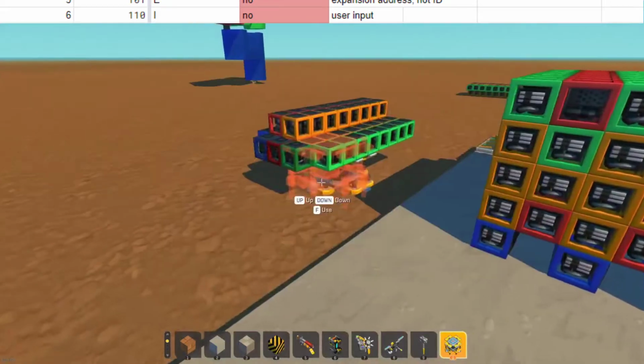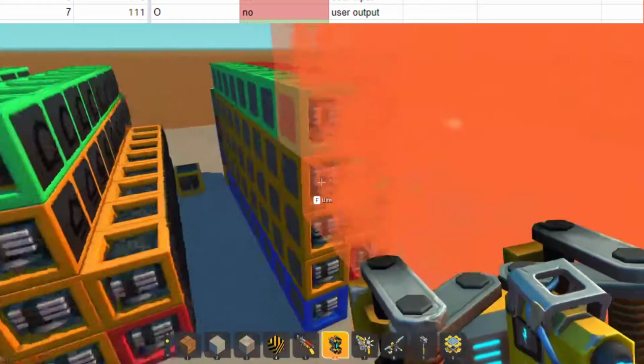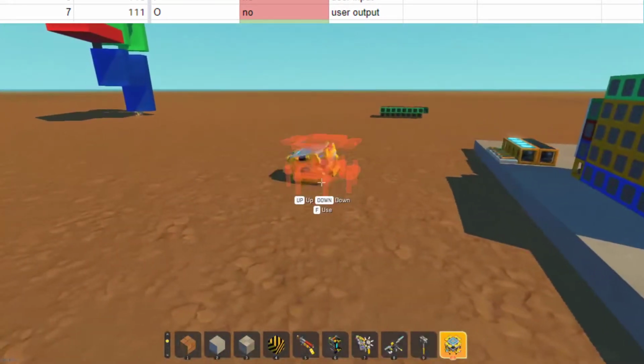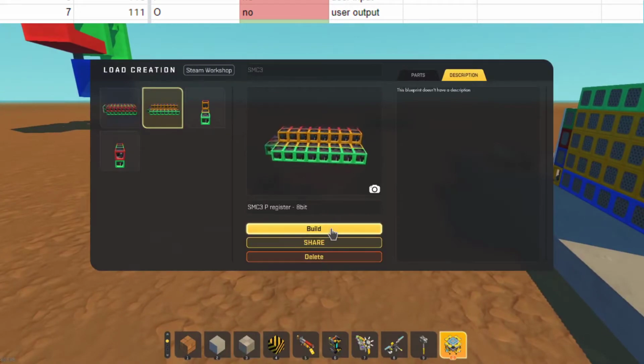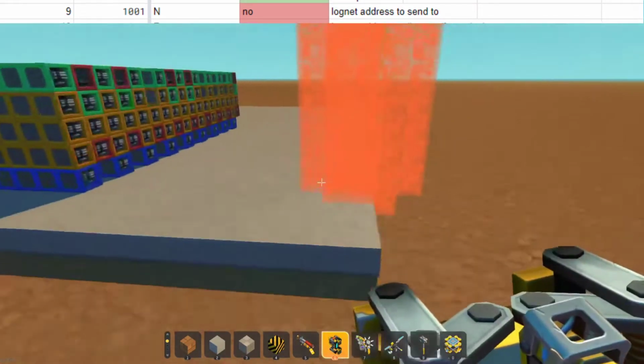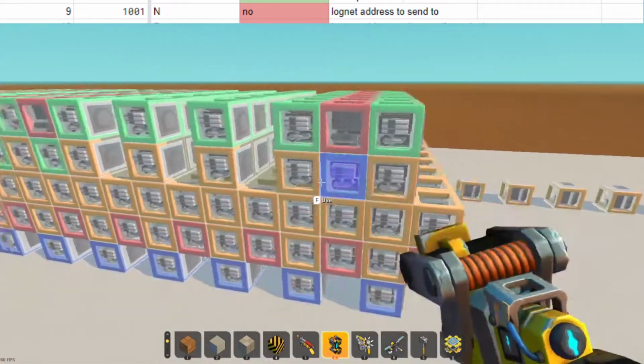And the O register for the selected user outputs. And then there's the N register for the selected lognet address, with the N standing for net.